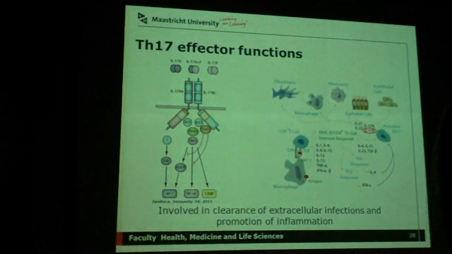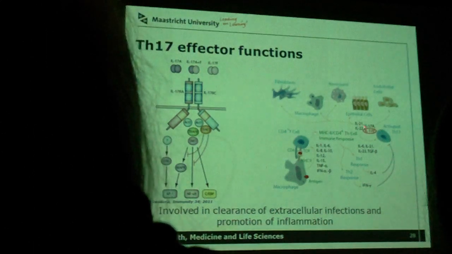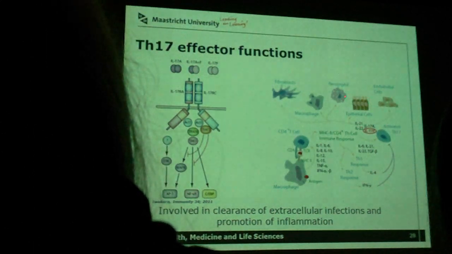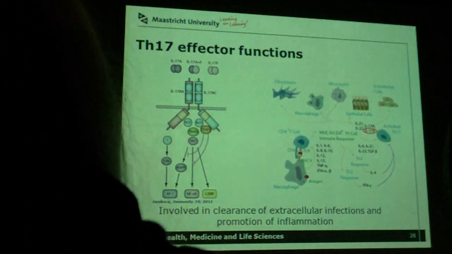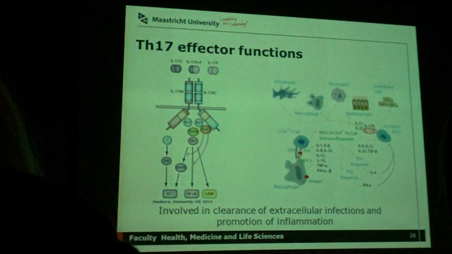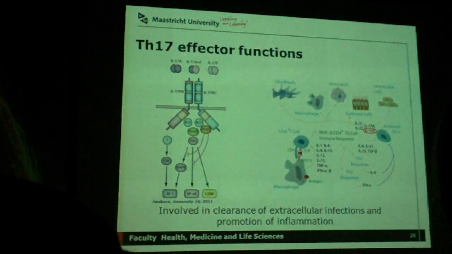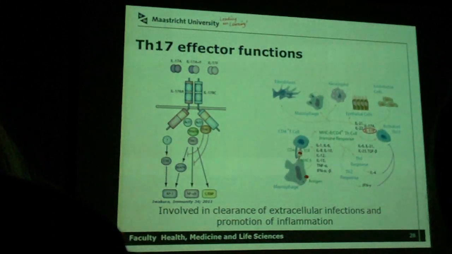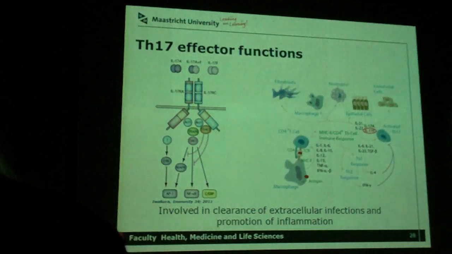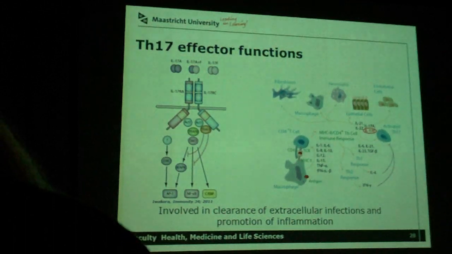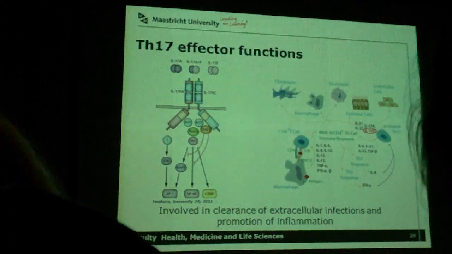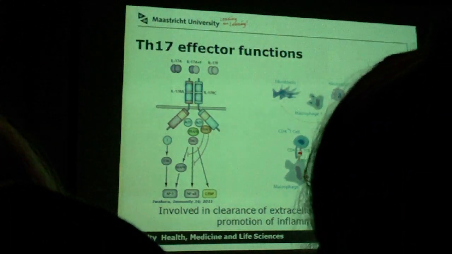So if you have these activated Th17 cells, they will have their effects on endothelial cells, epithelial cells, neutrophils, macrophages, fibroblasts, and the outcome is that it's really pro-inflammatory, so it promotes inflammation, and this response appears to be very important to combat extracellular pathogens like Candida albicans, Staphylococcus aureus. These kinds of infections are really dealt with by the Th17 response.